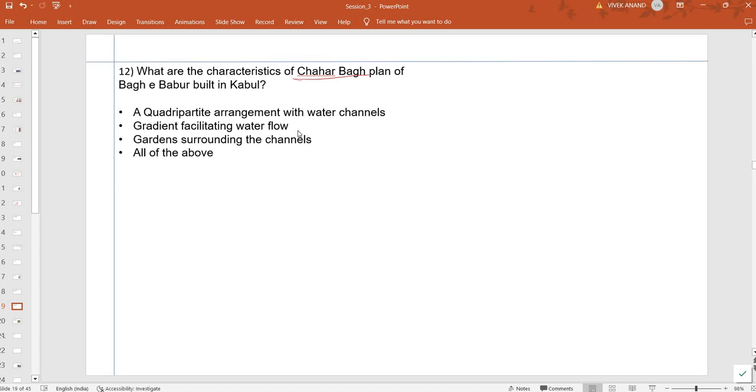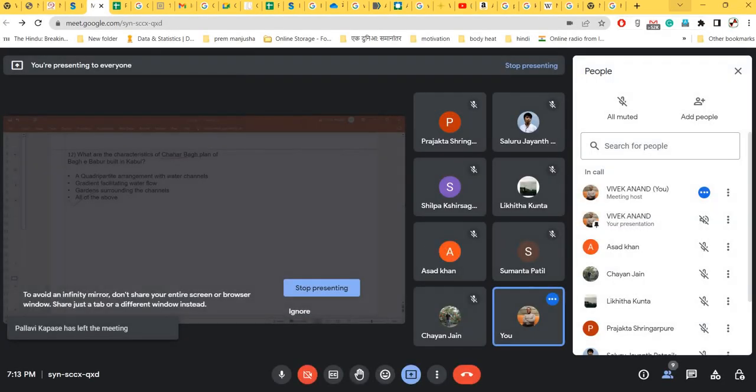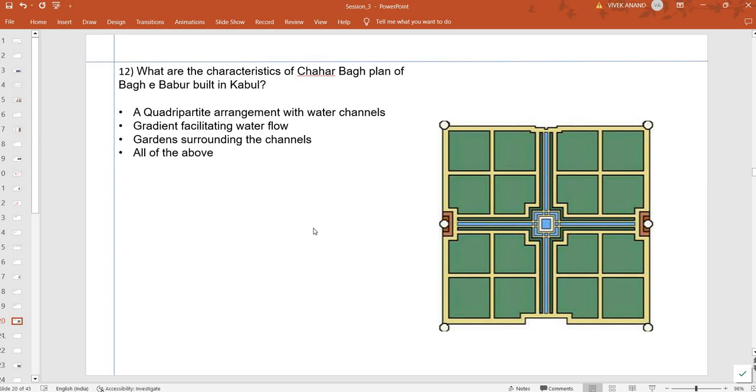Everything is there, because without gradient there cannot be water flow obviously. Anywhere any pipeline is laid, there must be some gradient maintained, then only water will flow using gravity. And Chahar Bagh, by the name only, you can say these are gardens. And from Chahar, you can say it's a quadripartite arrangement. So the right answer is all of the above. So let's move to the next question. Yeah, this is the Chahar Bagh plan.